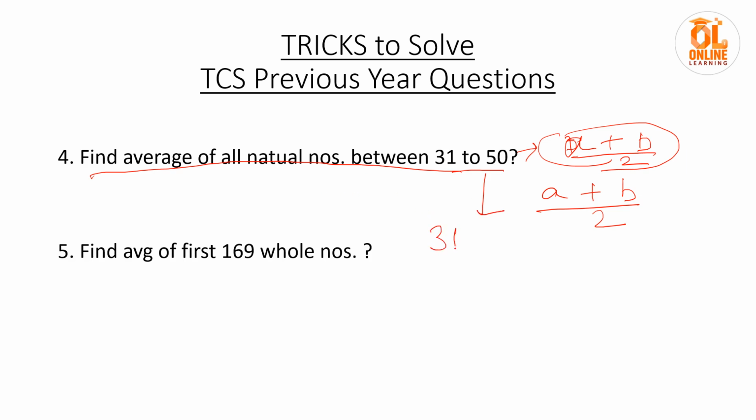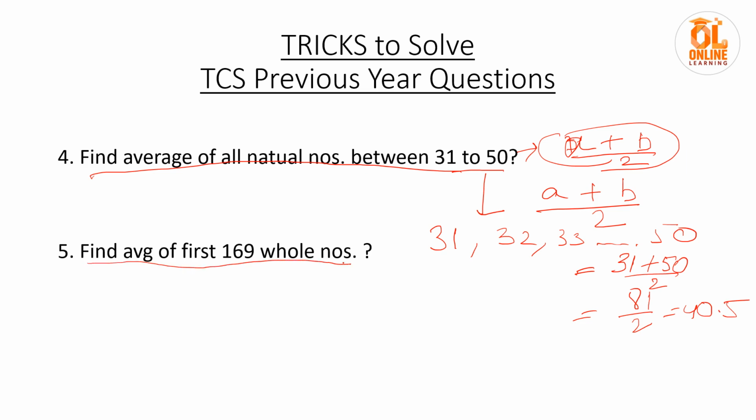So the series will be 31, 32, 33 like this way up to 50. So first number is 31, last number is 50, by 2, which will be equal to 81 by 2, which is equal to 40.5. So very easy.